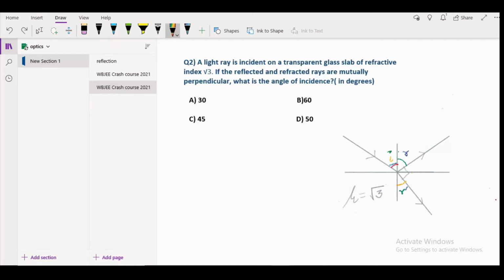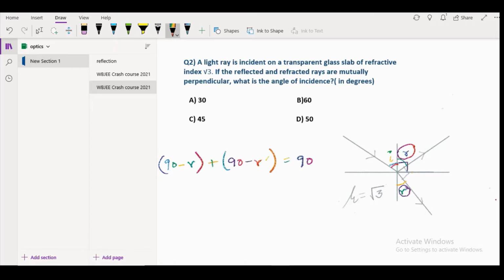So here r denotes the angle of reflection and r dash denotes the angle of refraction. So according to the question, you should be able to write this: 90 minus r plus 90 minus r dash should be equal to 90, right?